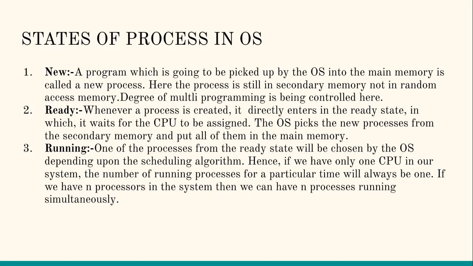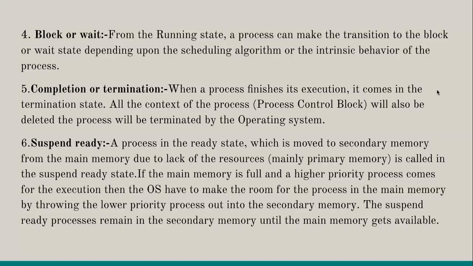The next state is the running state. One of the processes from the ready state will be chosen by the OS depending upon the scheduling algorithm. Hence, if we have only one CPU in our system, the number of running processes at a particular time will always be 1. If we have n processors in the system, then we have n processes running in parallel. The next state is the block or wait state.